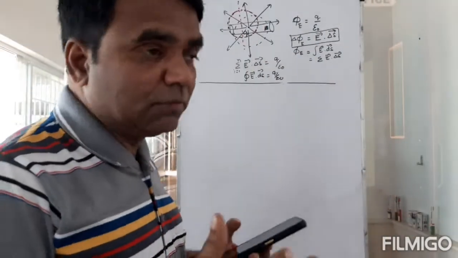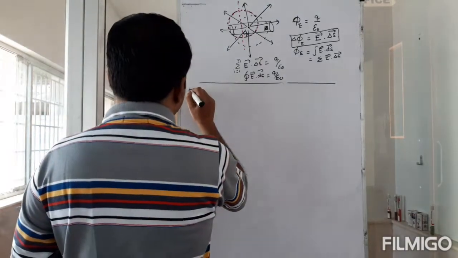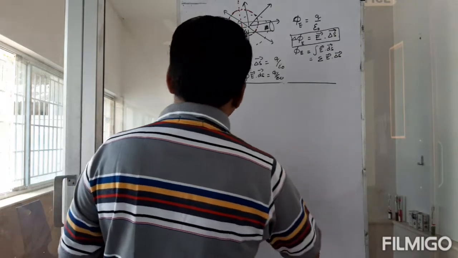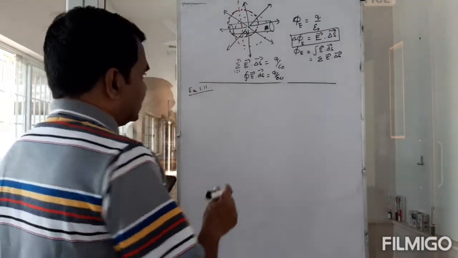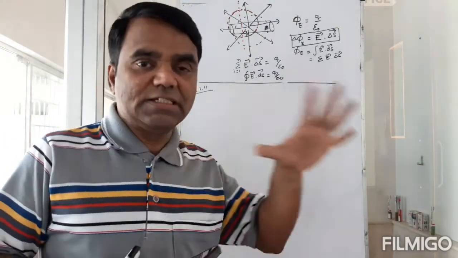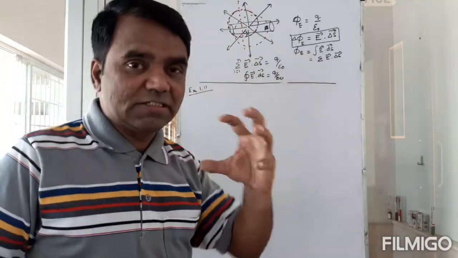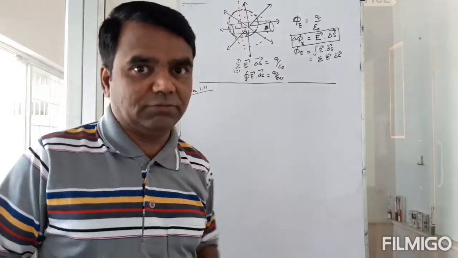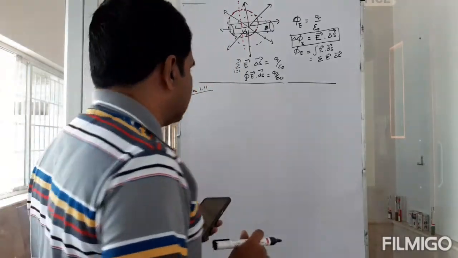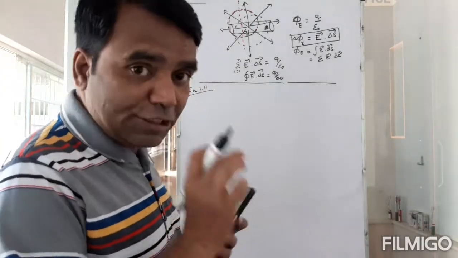Let me try to explain the problem first and then we'll go on to do the problem. So this is example 1.11. First, they've given you a surface, a Gaussian surface. These surfaces are called Gaussian surfaces because they're closed surfaces, where you are going to apply Gauss's law, right? The Gaussian surface here is a cube.